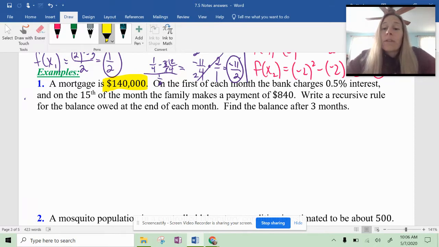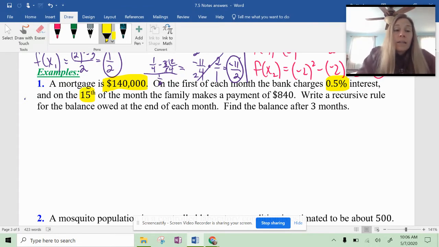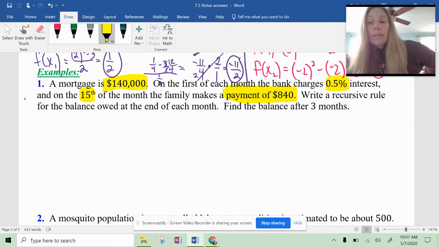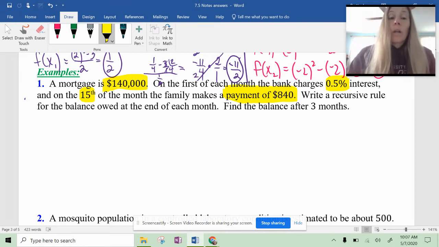Now, on the first of each month, the bank is going to charge you 0.5% interest. And then on the 15th of the month, the family makes a payment of $840. So your interest, while the first month it's on 140,000, the next month it's going to be on less because every month you're making a payment. So your balance is decreasing, and the interest you're paying also decreases because it's a percentage of a smaller amount.